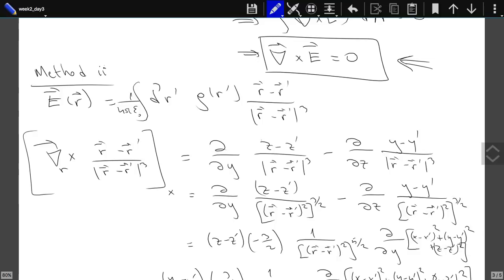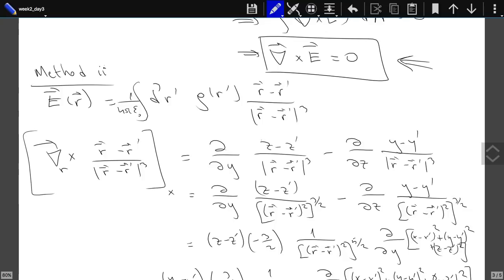And the electric field and those charge distribution is related through this integral. Again, as I said, we might not know what rho of r is, but in this derivation proving that the curl of the electric field is 0, we don't need to know what rho is. We know that there is one rho. In terms of that rho, we can always write the electric field in this form, and if we can write the electric field in this form, the curl of the electric field is 0.